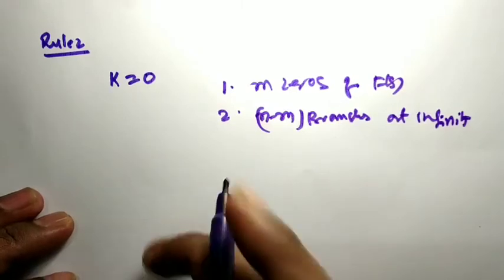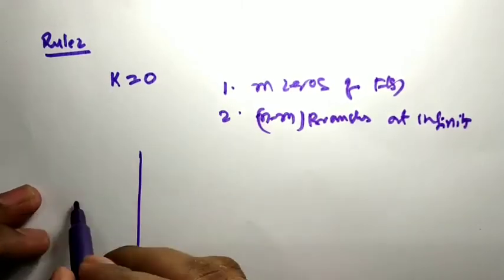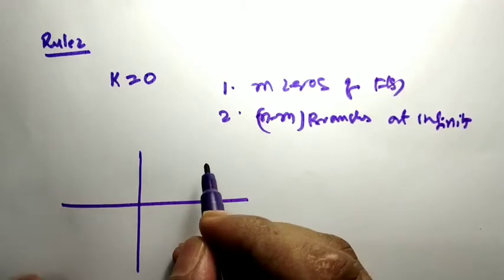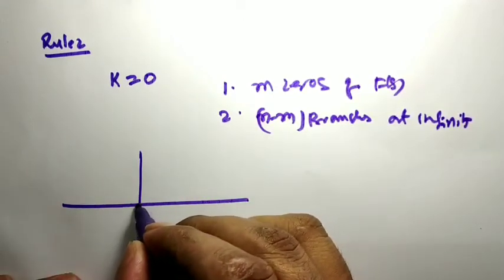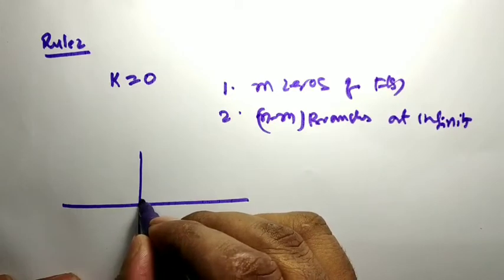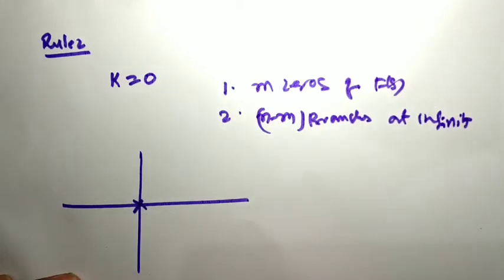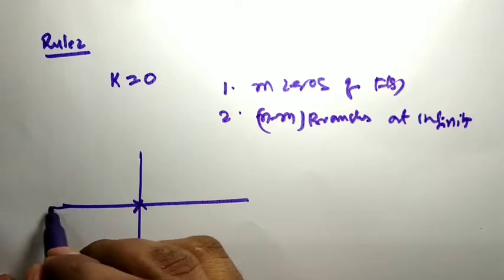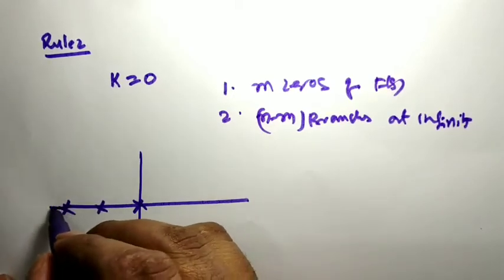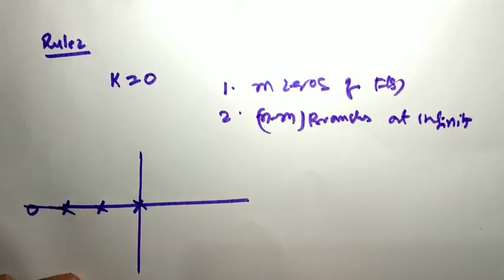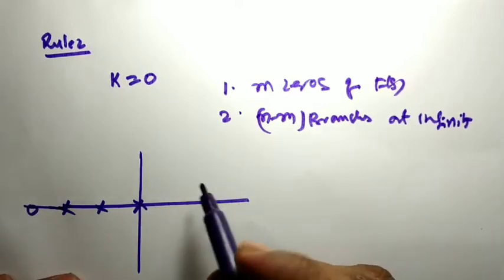If you take an example, if I have two roots here, one root is here, another root is here, and another root is here, and there is a zero here.